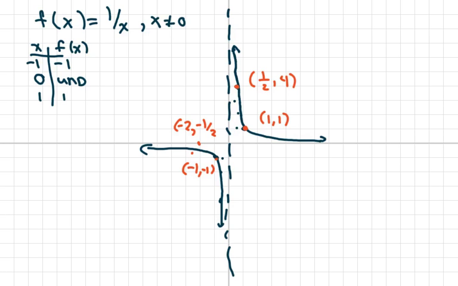The next thing we're going to do is the vertical stretch. In the vertical stretch, we multiply our y by 3. So I'm doing f of x equals 3 over x, which is the same as 3 times 1 over x.